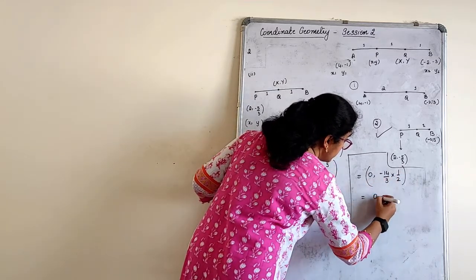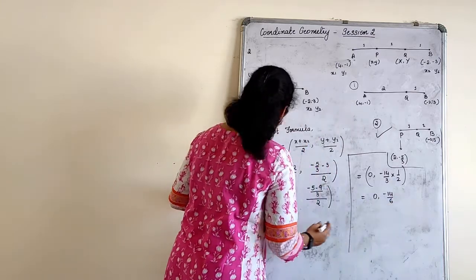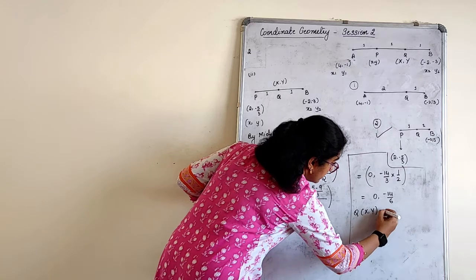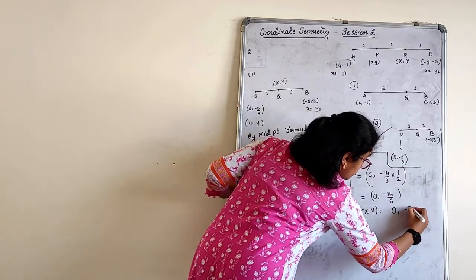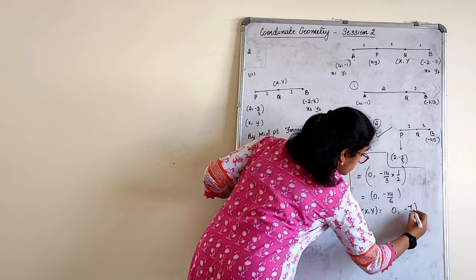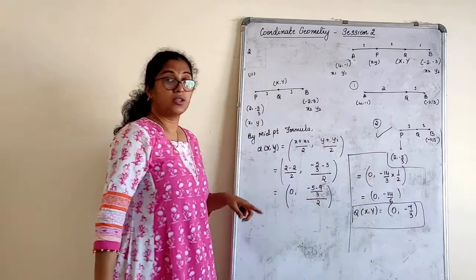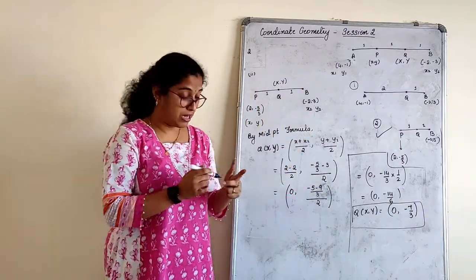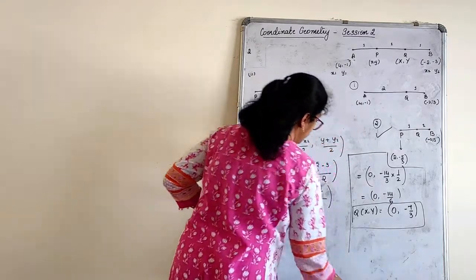So this is 0, comma, minus 14 by 6. So the coordinates of Q, (x, y), is equal to 0, comma, minus 7 by 3, since 2 sevens are 14 and 2 threes are 6. Even if you do this by the section formula, children, you are going to get the same answer. So very clear. Let's move to the next one.